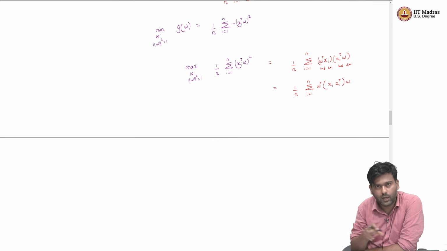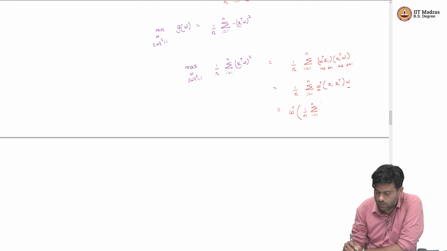I am not commuting anything. I am just changing the brackets, the order in which the multiplication happens is still the same. Now note that W does not depend on i. So I can bring W outside and say that this whole thing is W transpose, 1 over n sum over i equals 1 to n xi xi transpose, W.